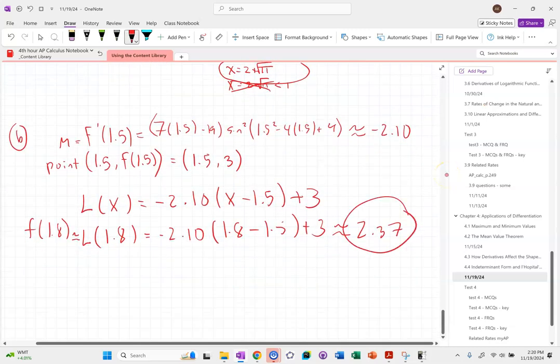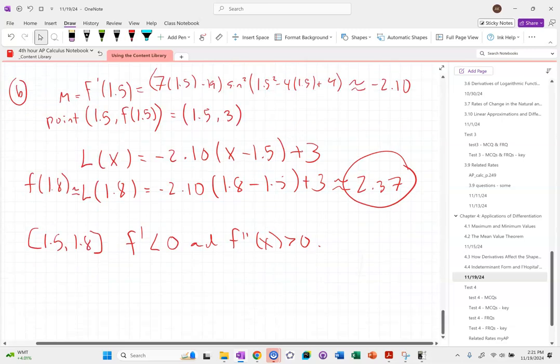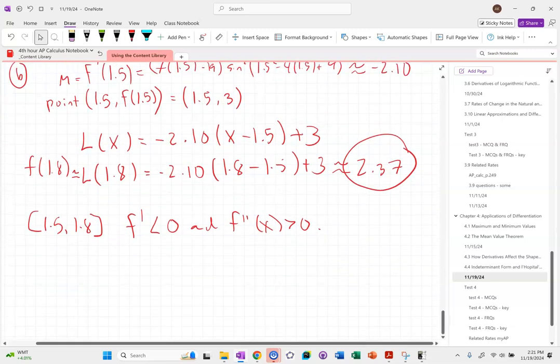Does that feel good there? Okay. And then it says on the closed interval from 1.5 to 1.8, the first derivative is negative and the second derivative is positive. Is the approximation found in part B an over or underestimate of f of 1.8?